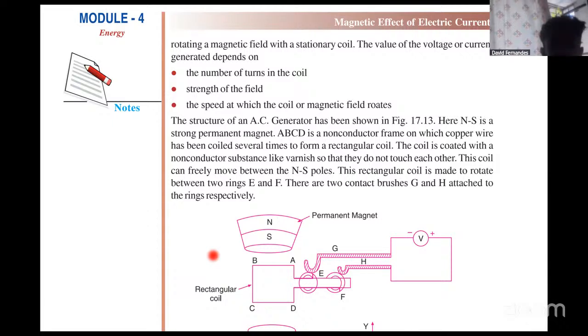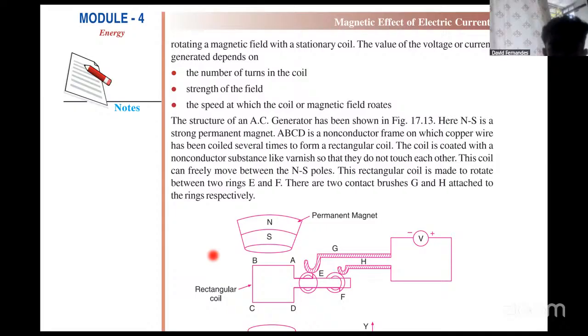The structure of an AC generator has been shown in figure 17.3. Here, north and south is a strong permanent magnet. ABCD is a non-conductor frame on which copper wire has been coiled several times to form a rectangular coil.